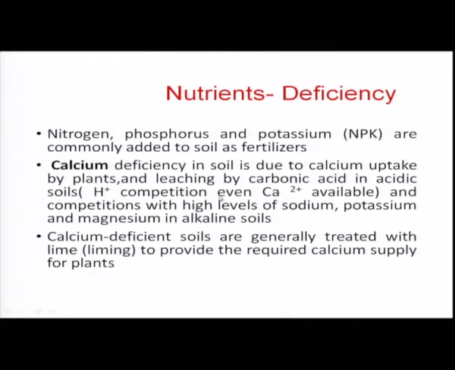Because of these competitive reactions, calcium deficient soils are generally treated with the addition of lime, that is liming, to provide the required calcium supply for the plants. That is how we have to manage it. So, mainly acidic conditions and other ions at higher concentration may compete for calcium, and that leads to calcium deficiency in soil even though it is available in soil.